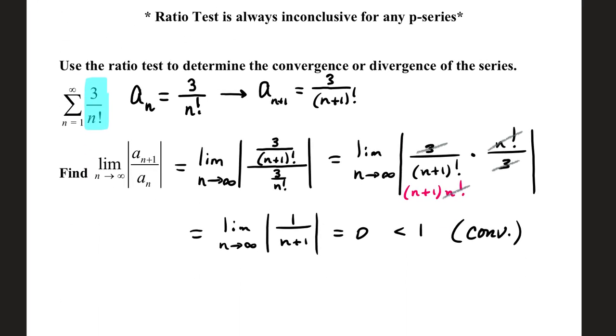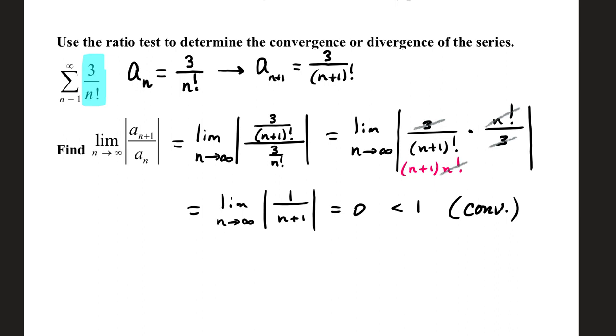Our first example, we have the sum from 1 to infinity of 3 over n factorial. Our a_n term is 3 over n factorial. If you replace the n's with an n plus 1, then that gives you 3 over (n plus 1) factorial.